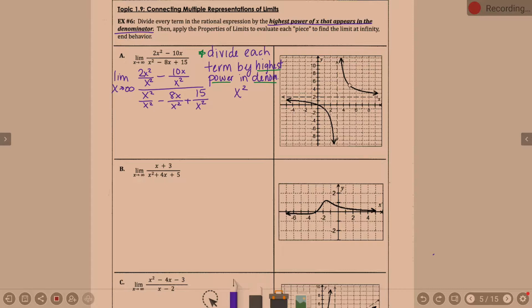Yes, I know it's a lot to write out. Once you get the hang of this, you can do it in your head, and this is where our shortcuts come into play.